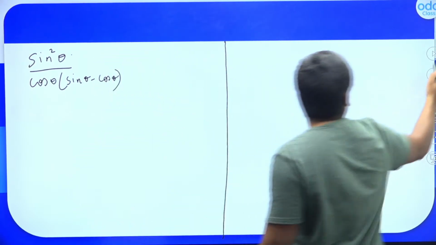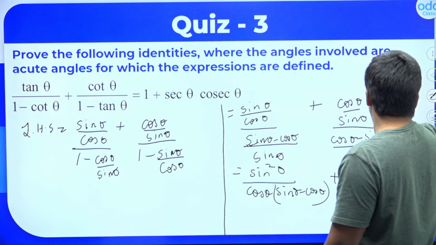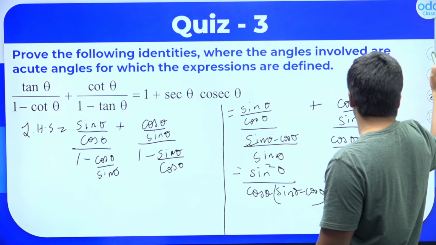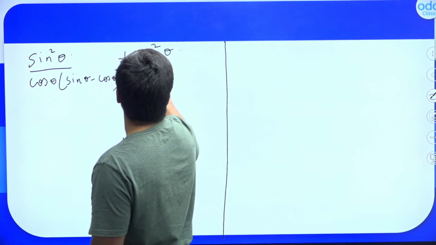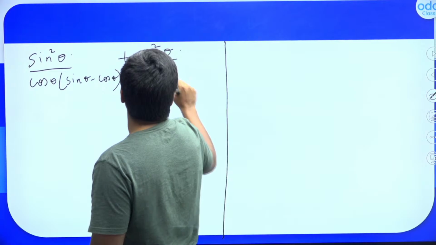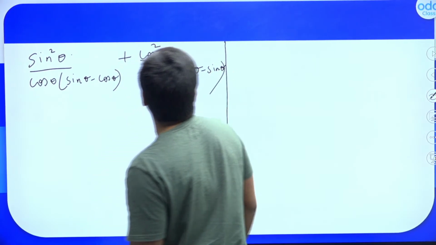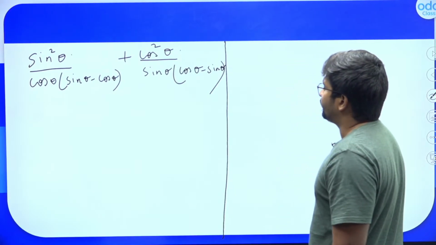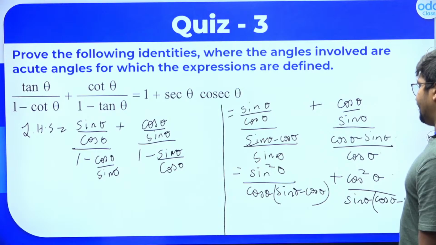This is what you have, and again plus cos square theta divided by sin theta into cos theta minus sin theta. This is what we are currently having. Yes or no? Yes, this is what we have currently.